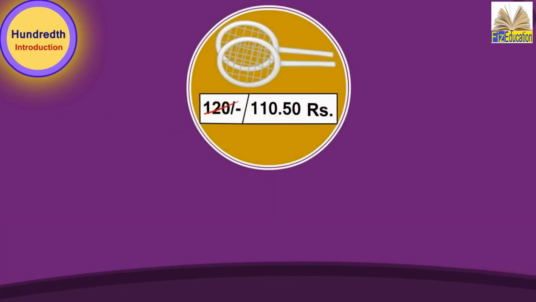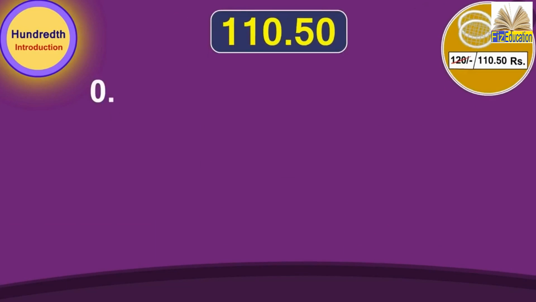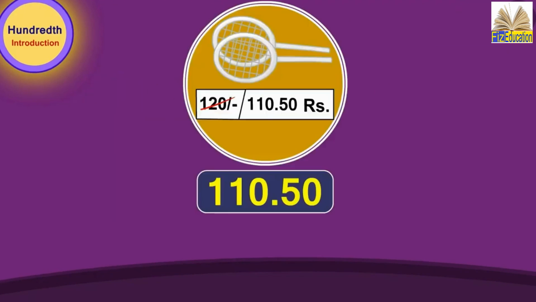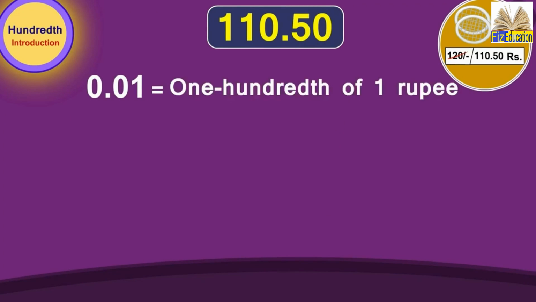We can write 1/100th part of any number using decimal point as 0.01. The price of a badminton racket is 110.50 rupees. 0.01 rupee or 1/100th of a rupee is equal to 1 paise.